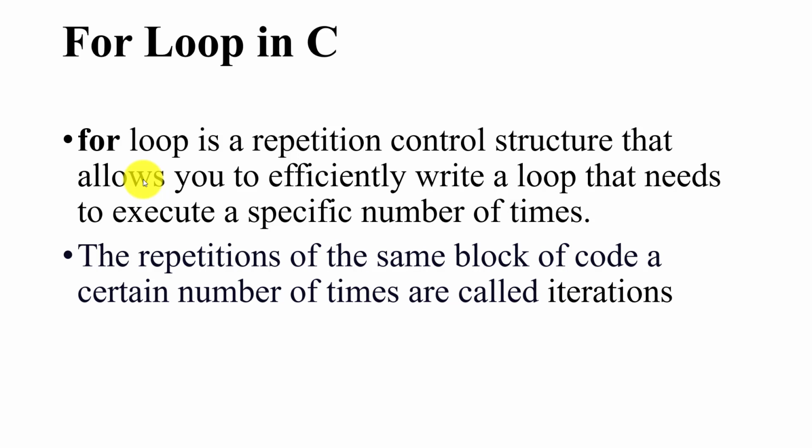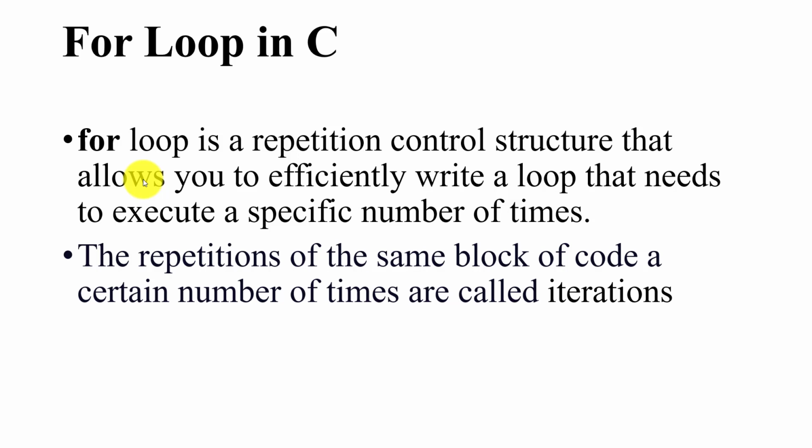In the previous video we discussed the while loop and do while loop. The while loop is also entry control, but the do while loop is an exit control loop. So the for loop and while loop are entry control loops, and they are very helpful for avoiding the repetition of the same block of code.